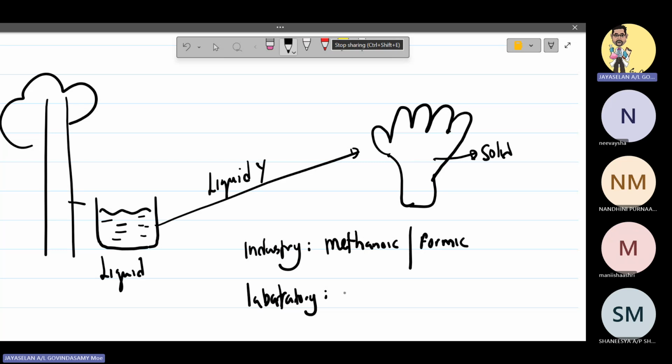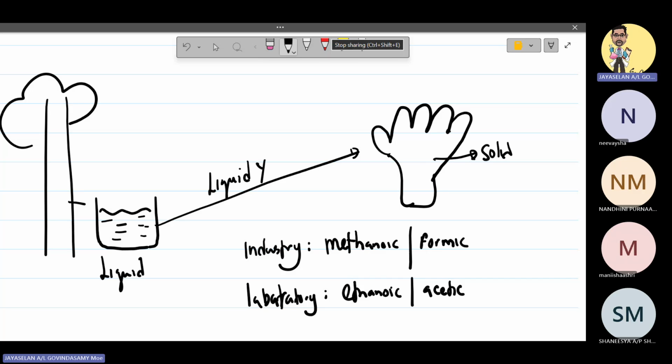We will use ethanoic acid, very cheap. This one is expensive. Ethanoic acid, 1 ringgit 50 cent only. One more name for ethanoic acid is acetic acid.